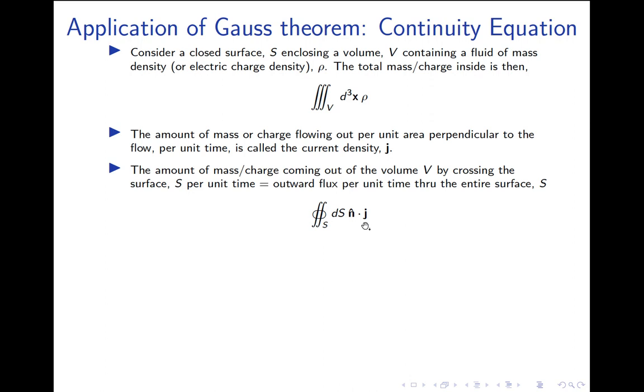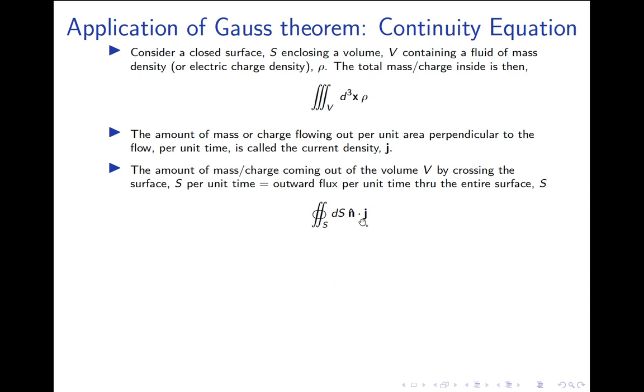J is something which is known as the current density. It could be charge current density, it could be mass current density, if rho is the charge density or the mass density respectively. This is the way we define J: it's the amount of matter or amount of charge crossing a given area per unit normal area per unit time.